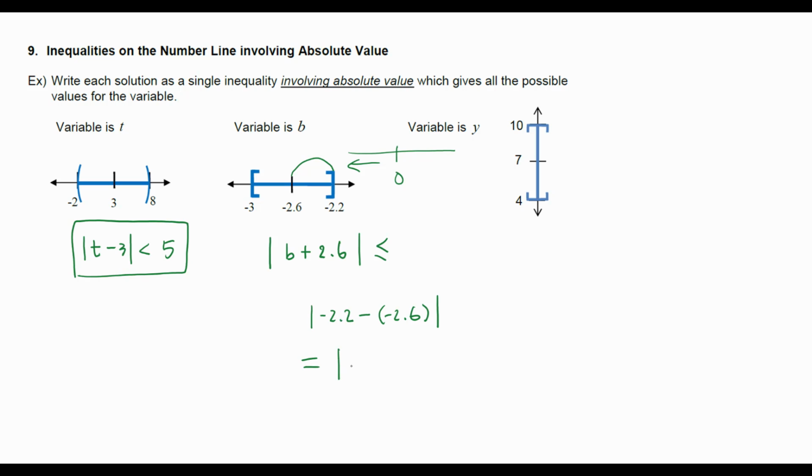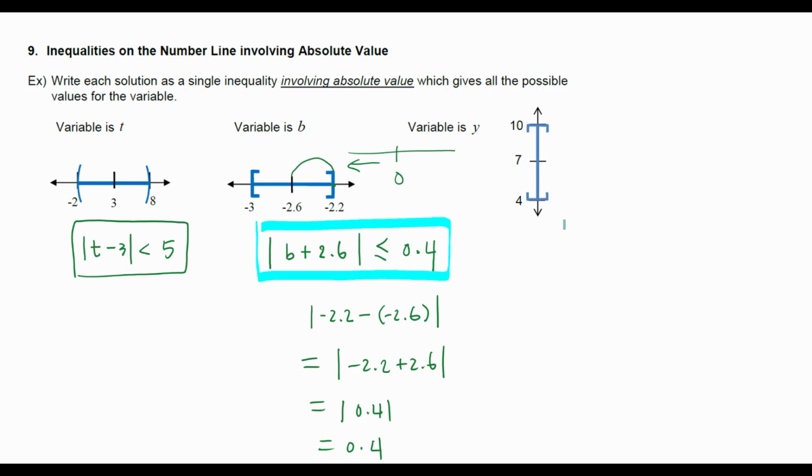Then that will be negative 2.2 plus 2.6, and it is the absolute value of 0.4, which is 0.4. So the distance from negative 2.6 to negative 2.2 is 0.4, and because it is a bracket, the endpoints are included, so therefore you will use less than or equal to.